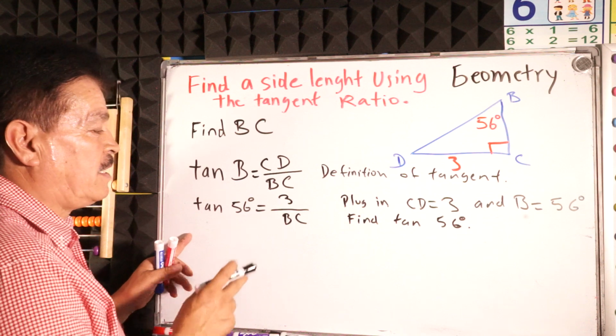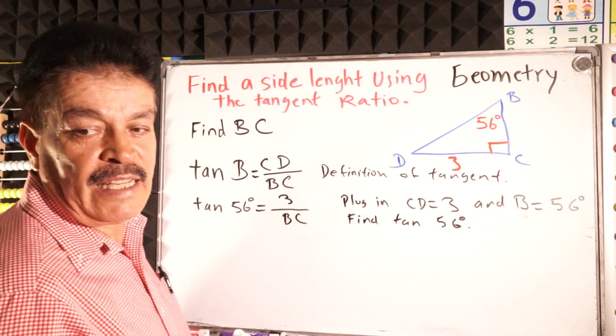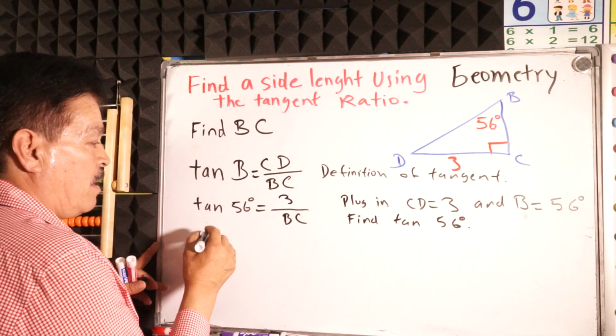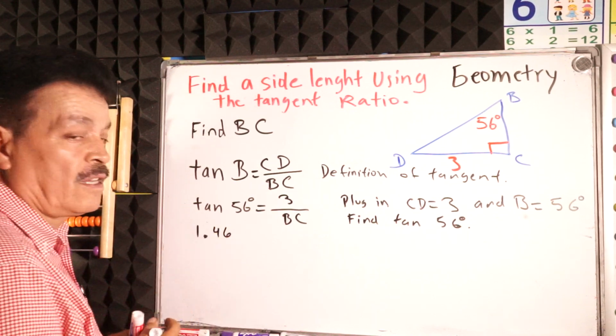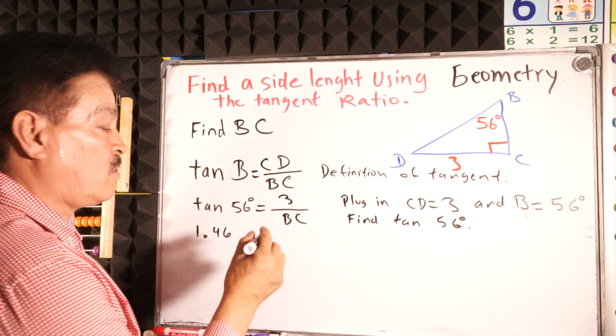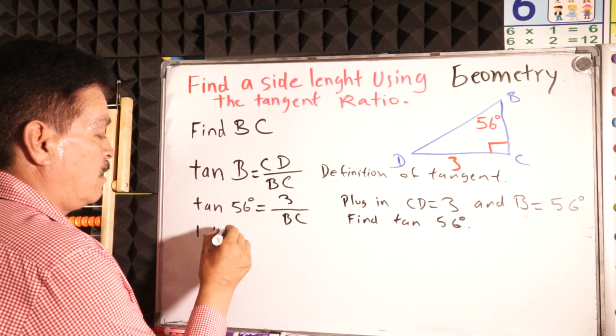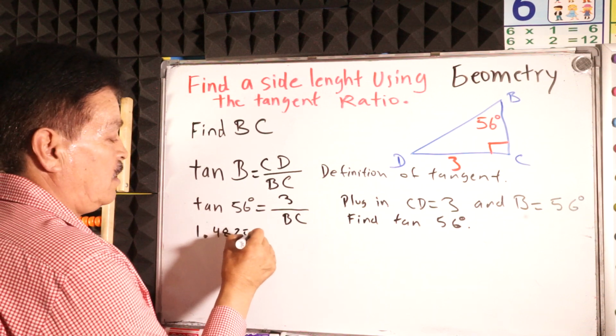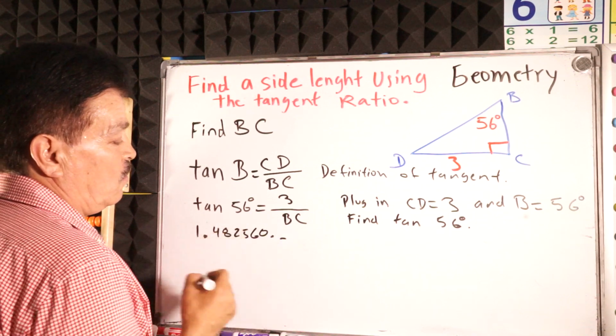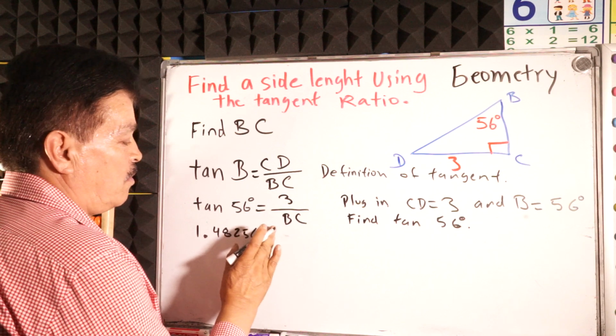So right now, what is the tangent of 56? The tangent of 56 is 1.4825 60, and then so on. Continue more.